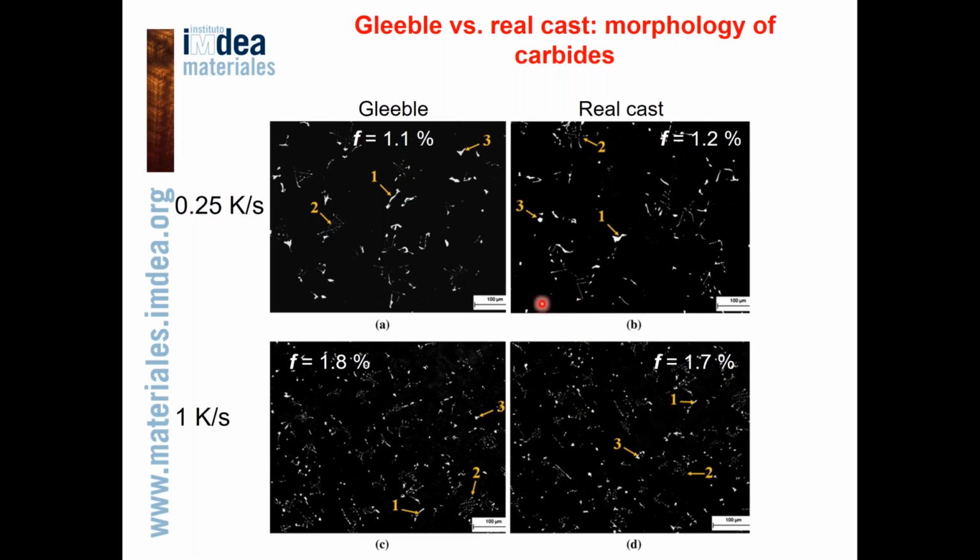We can see that physical simulation reproduces very well the morphology of carbide particles at both cooling rates. Three types of carbides can be revealed in both Gleeble samples and samples after real investment casting. Those are blocky carbides, carbides having irregular morphology, and script-like carbides.